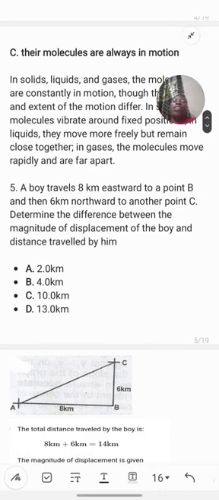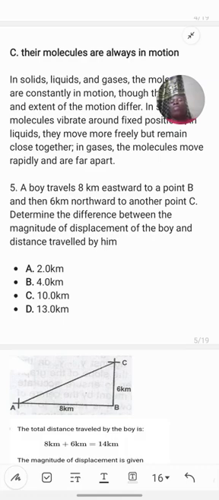So they are telling us here that the boy travels 8 kilometers eastward to a point B, and then northward to point C. Okay, that is the diagram there. 8 kilometers to the east, then 6 kilometers to the north.